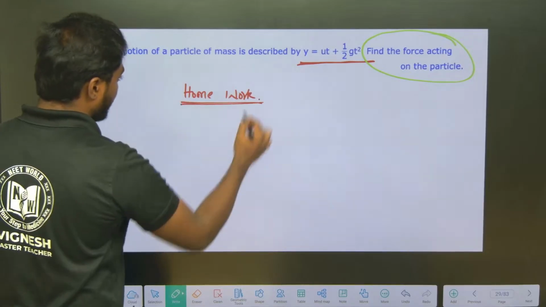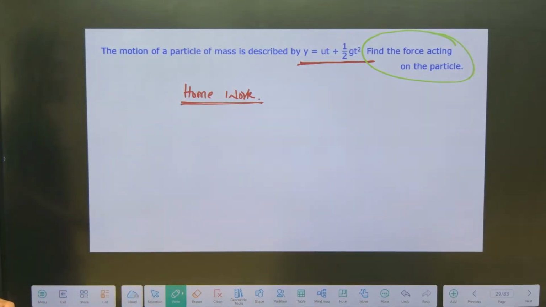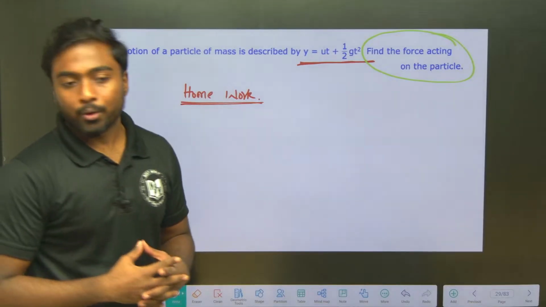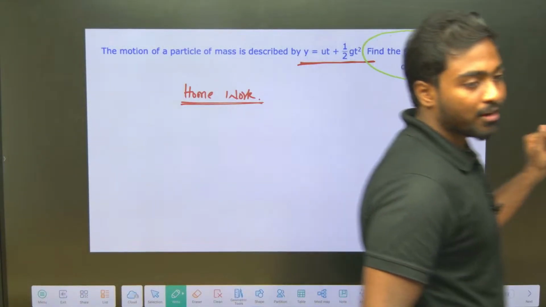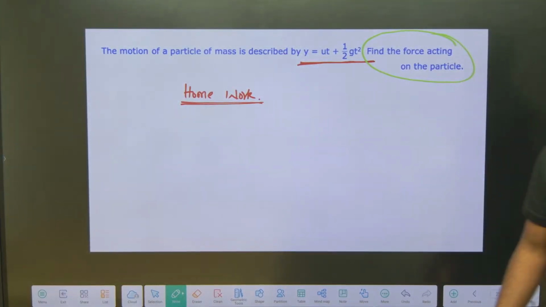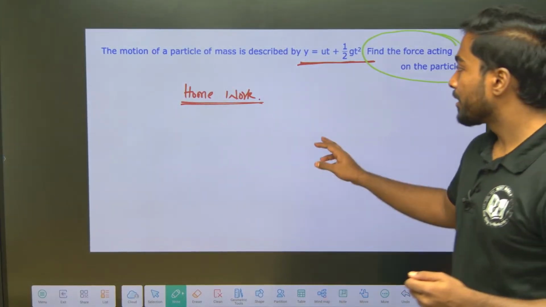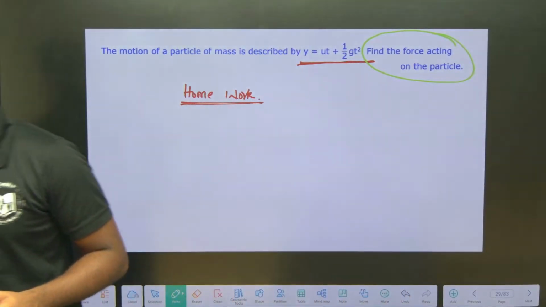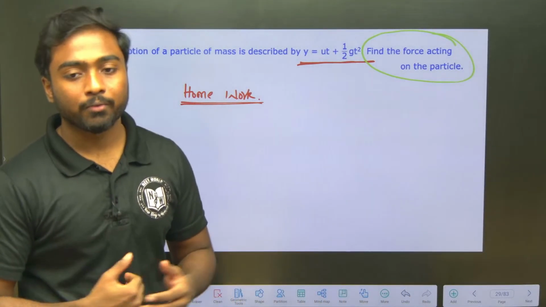So complete it before coming to the next class. And whoever is watching online, you can take this question as a screenshot, or if you have a book in front of you, you can write the question and get the answer. Post the answer in the comment box, so that we can cross verify the answers.